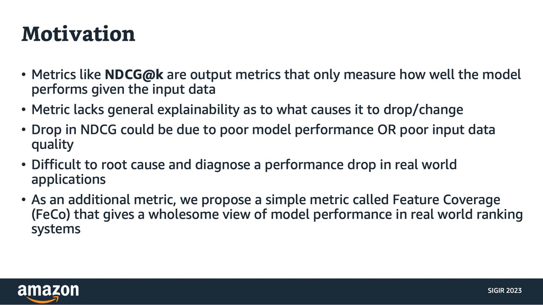It is extremely difficult to root cause and diagnose a problem in real-world applications when there is a drop in a metric like NDCG. This motivates us to propose a new additional metric called FICO, or feature coverage. This is a simple metric that gives a wholesome view of the model performance in a real-world ranking system.